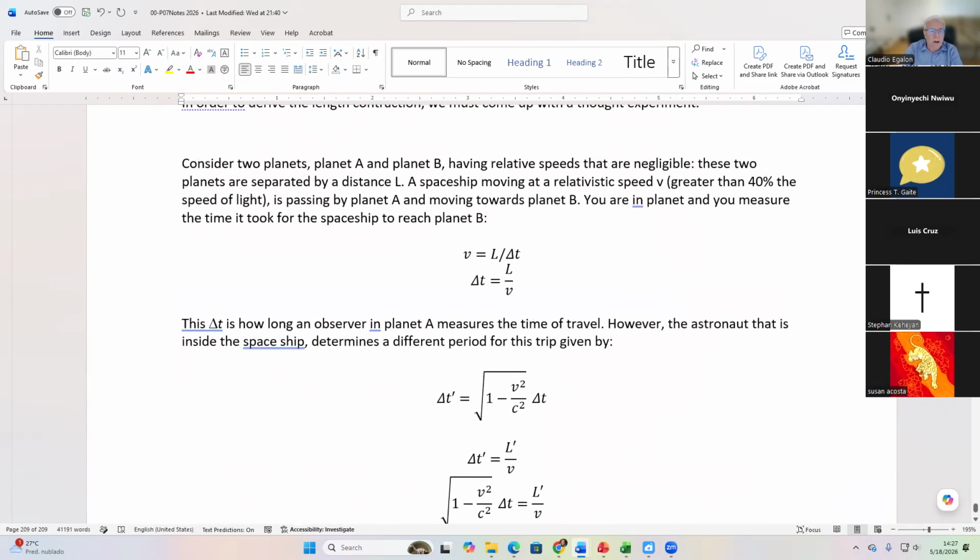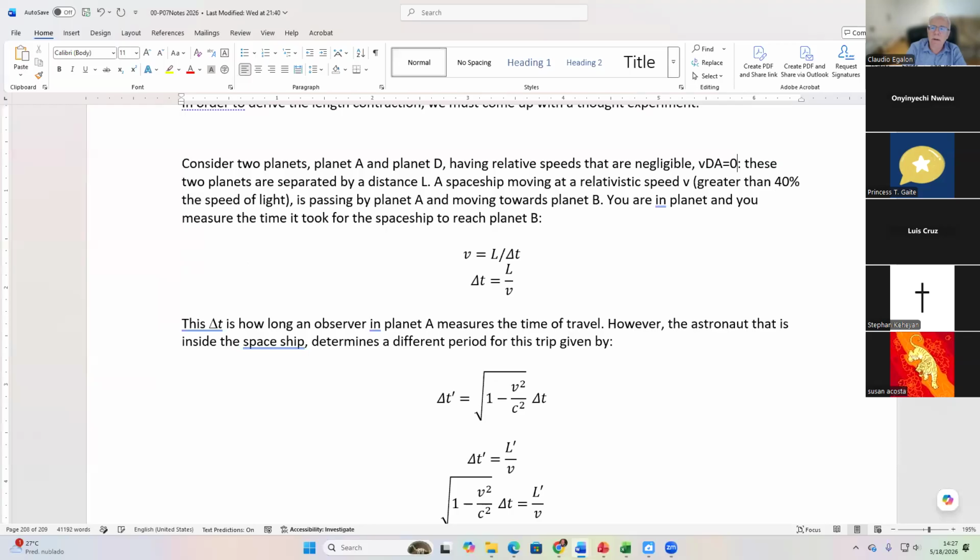This delta T is how long I'm observing planet A. Let's see, consider two planets, planet A and planet D, okay? Having relative speeds that are negligible, V of D with respect to A is approximately zero.